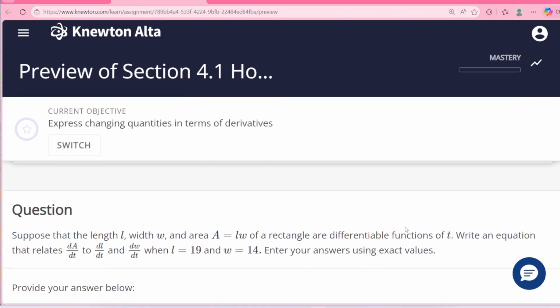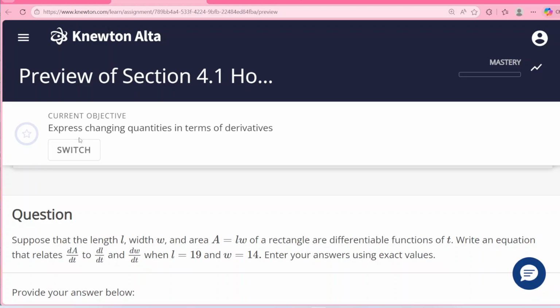All right. So this first objective is express changing quantities in terms of derivatives. So the title of the assignment, the section, is Related Rates. All of these related rate problems, you will have quantities like area, length, width, whatever, volume, temperature.